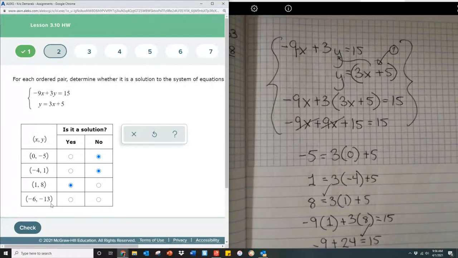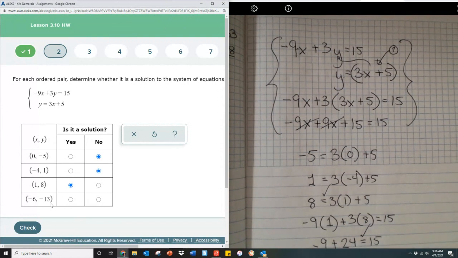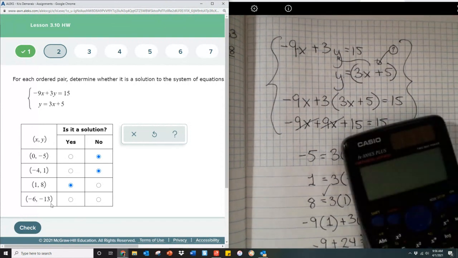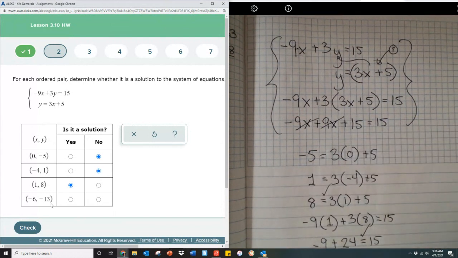Does that equal 15? Well, this one right here is going to give us negative times a negative is positive, so it's 54, and then minus 39. Now, if you can't do things mentally, you can just go ahead and do it. 54 minus 39, there's no shame in that, but it's 15. All right, so this does work.